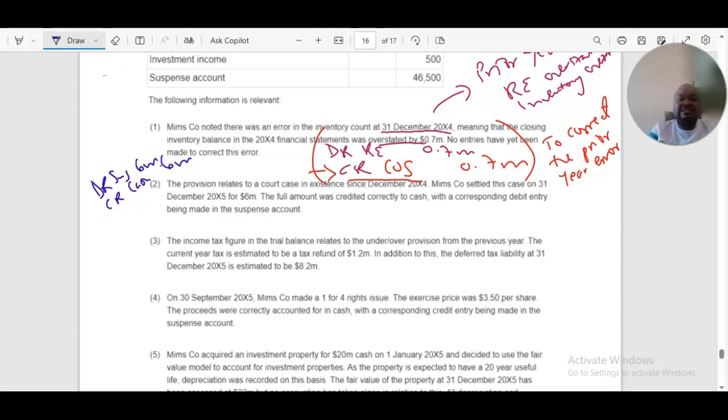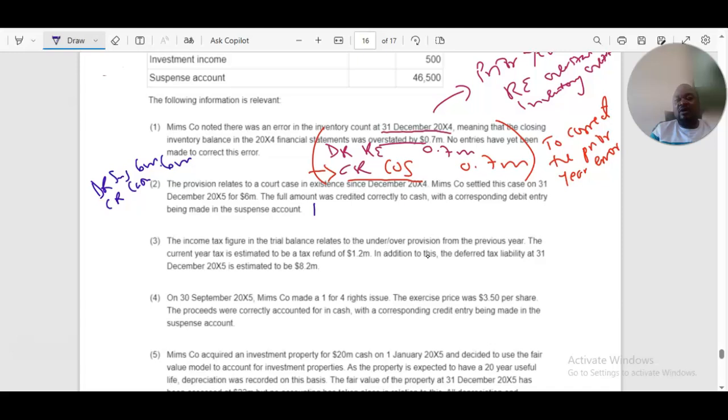So let us remove that suspense account entry. The full amount was credited correctly to cash with a corresponding debit entry being made to the suspense account.